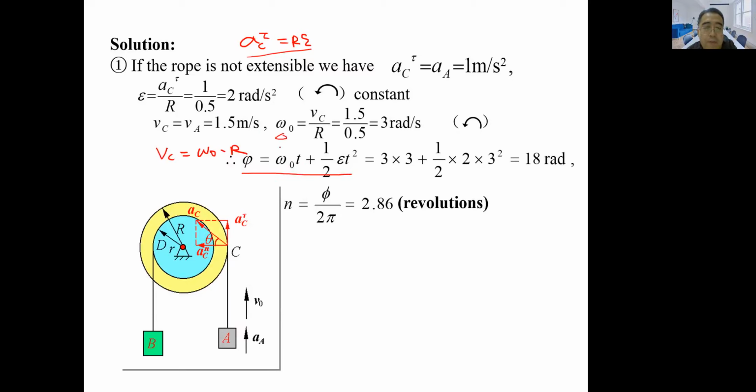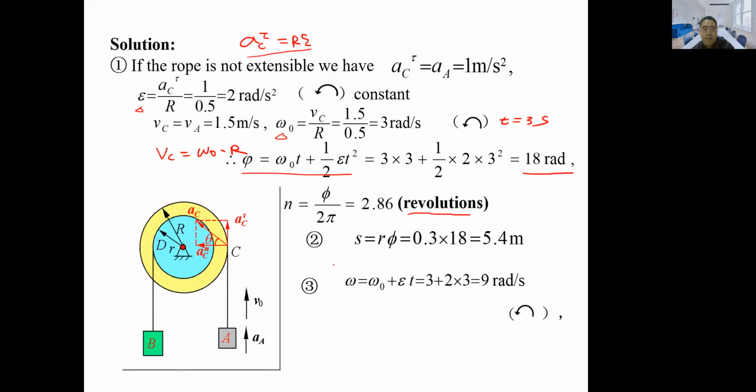Because we have omega_0 and epsilon, we can use this directly: phi equals omega_0 t plus half epsilon t squared. When t equals 3 seconds, we substitute into this expression and find phi. One revolution is 2 pi, so n will be 2.86.